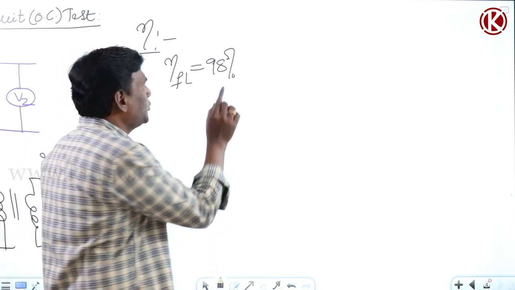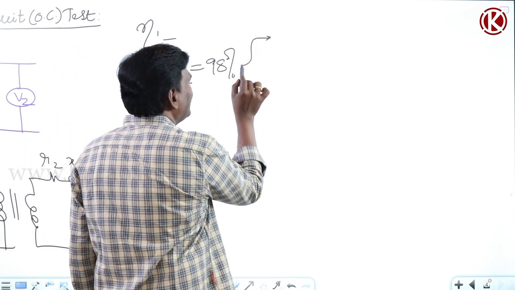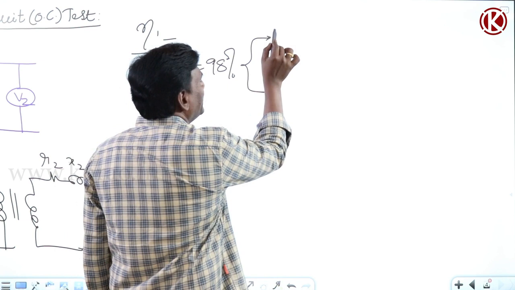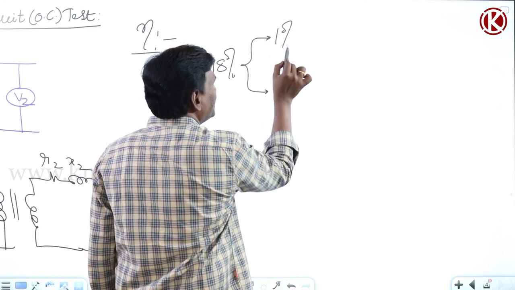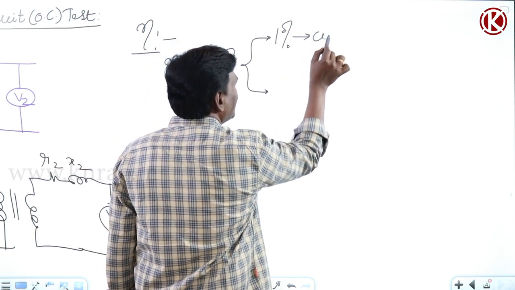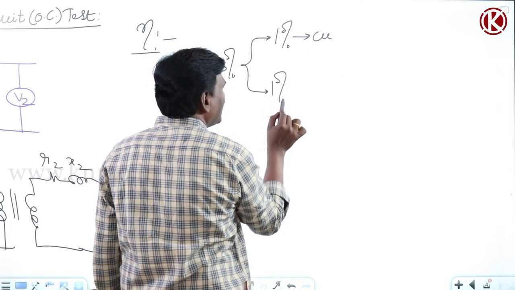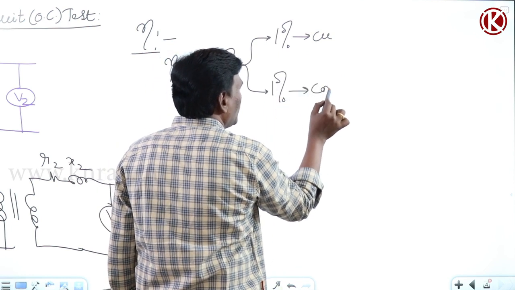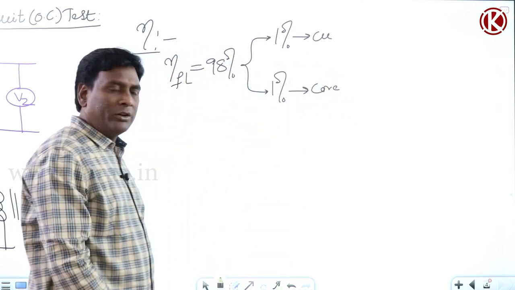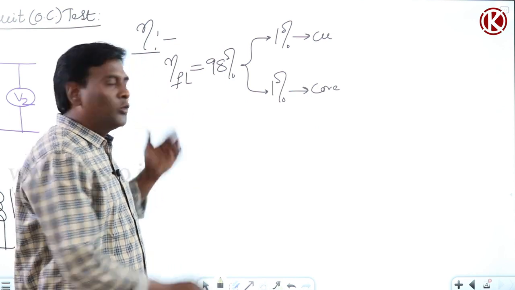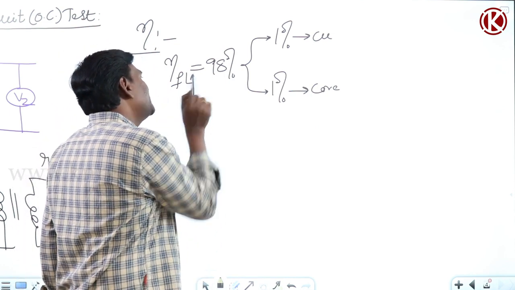So at full load, 1% of losses will be there in the name of copper losses, and 1% in the name of core loss. Of course, this full load efficiency I am assuming as max efficiency.